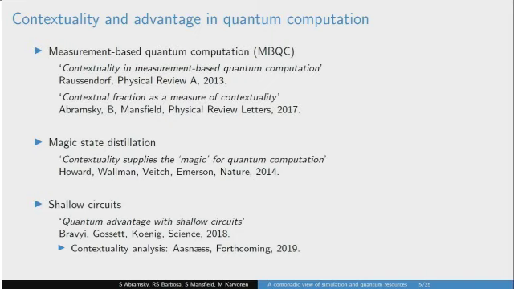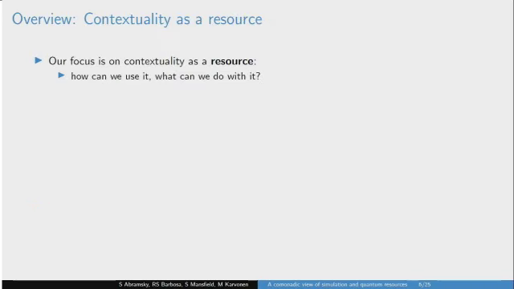They weren't in the business of showing that contextuality is the reason; they just wanted to prove an unconditional separation between quantum and classical. But it turns out that if you analyze it very carefully, there's a contextuality argument somewhere at the heart of the matter. And Sievert, who's a student here, is at the moment busy writing up his analysis of this situation. So maybe we should analyze contextuality as a resource.